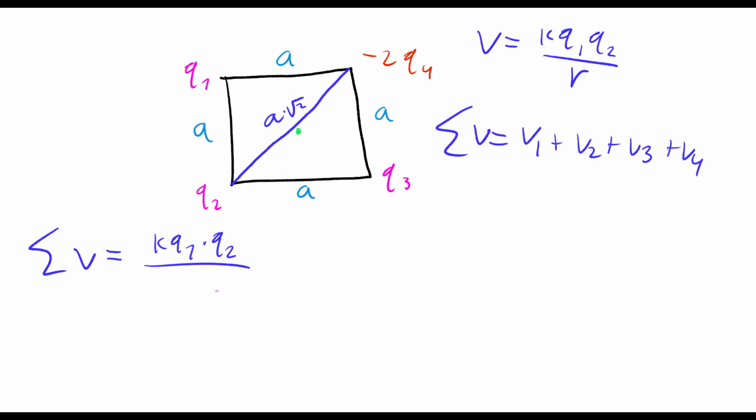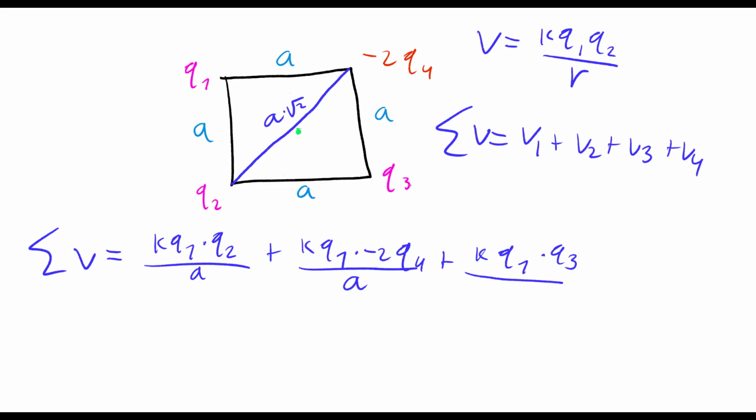That's going to be a, plus k q1 times negative 2 Q4 over the distance that separates them, A, plus k Q1 times Q3 over the distance that separates them, that's going to be A square root of 2.